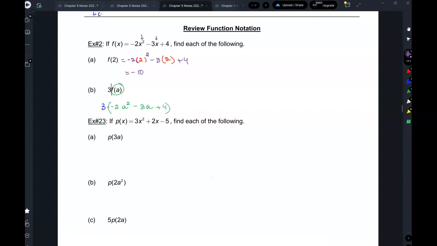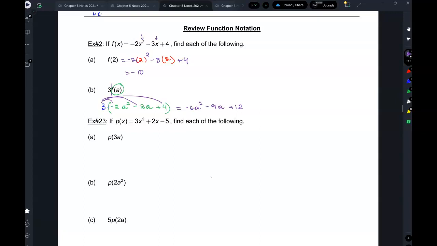Next, I'm going to distribute the 3. Negative 6a squared, negative 9a plus 12. So this had two components, 3 times f of a. I did f of a first and then multiplied by the 3.